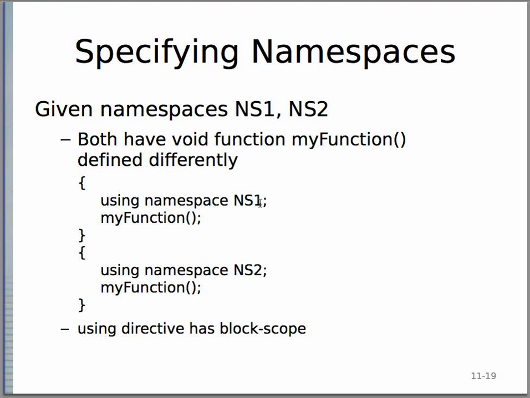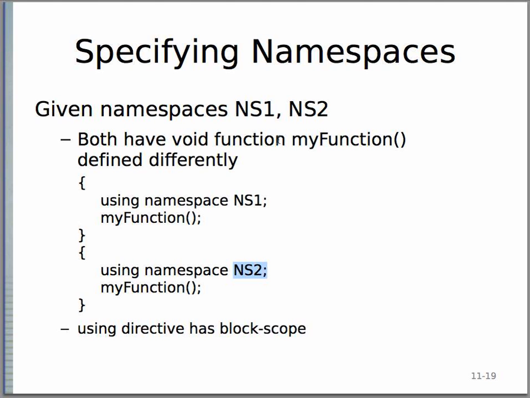Now this has the same scope as other variables, as ns1 is active from here to here. And this ns2 is available from here to the end of the block. So this using directive has block scope, just like regular names, like if you have an int variable, and so on.